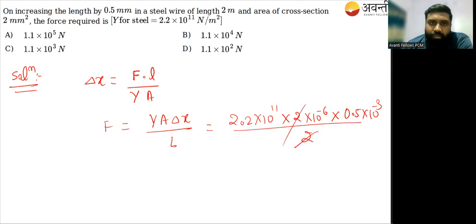This 2 and 2 will cancel out. So you will have 10 raised to the power minus 9, it will cancel the power 11.